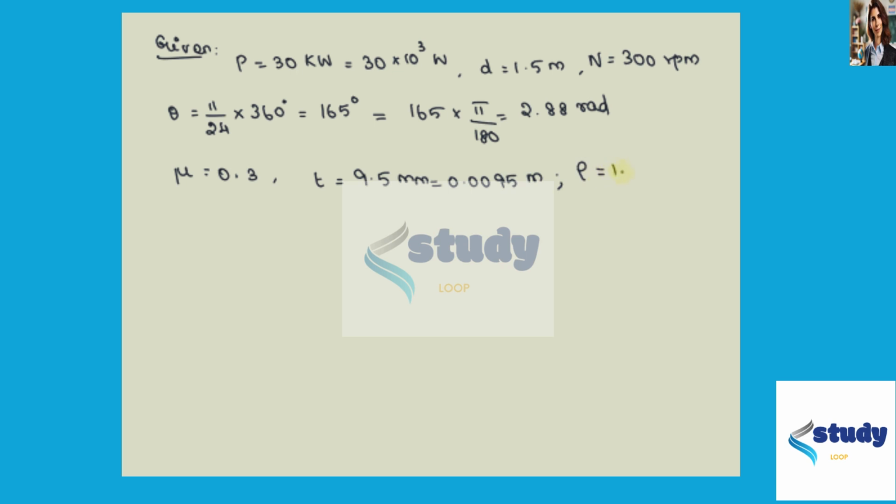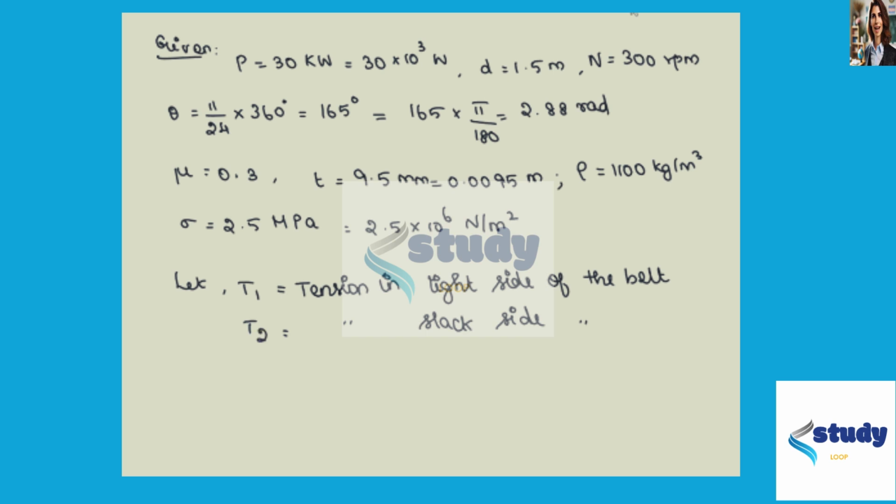Density is given as 1100 kilogram per meter cube, and the stress is given as sigma 2.5 megapascal, which is equal to 2.5 into 10 power 6 Newton per meter square. So now let T1 be the tension in the tight side of the belt and T2 be the tension in the slack side of the belt.